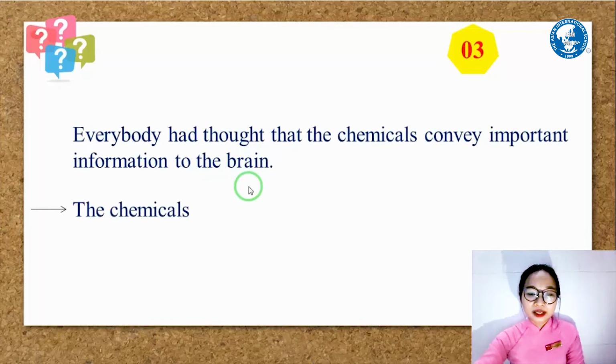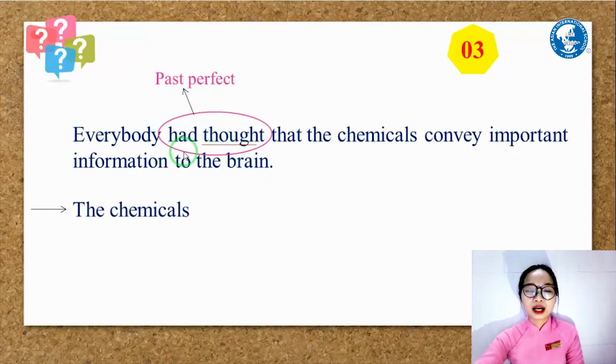Everybody had thought that the chemicals convey important information to the brain. In this sentence, the reporting verb is think, and the tense is past perfect. And the passive sentence starts with the chemicals. It is the subject of the that clause, right?